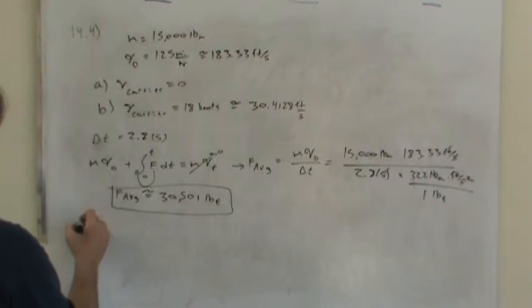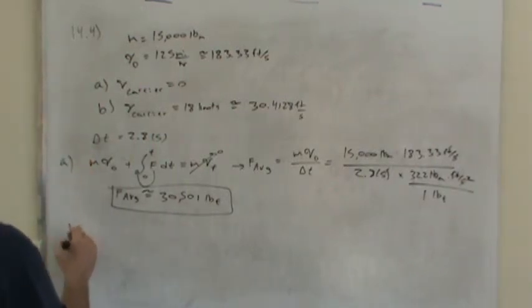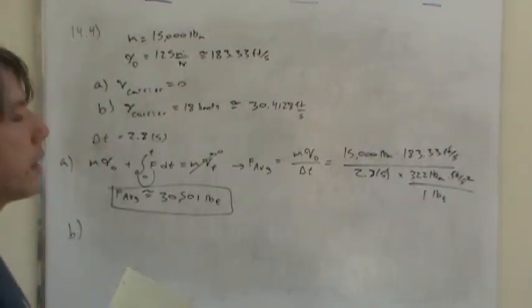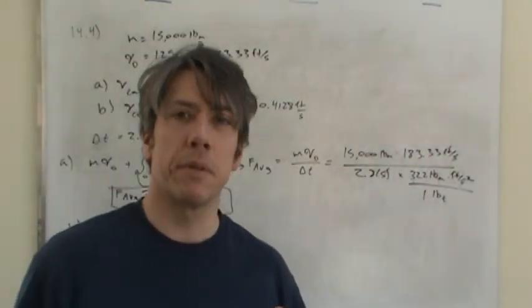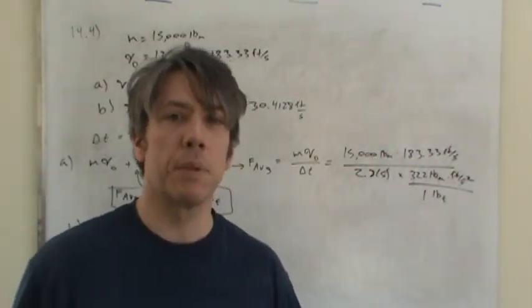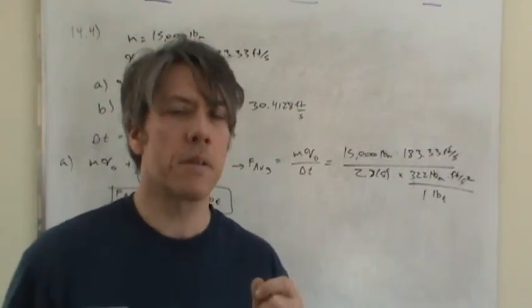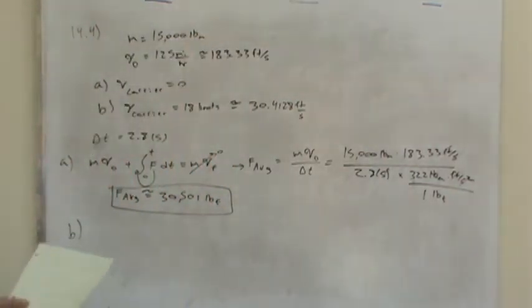Now for part B, things are a bit different because the final momentum of the plane is not 0. The final momentum of the plane is the mass of the plane multiplied by the velocity of the carrier, because now the plane is moving at the velocity of the carrier.